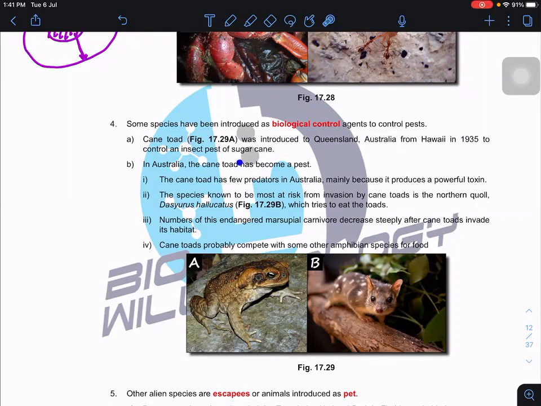Now the cane toads have become a pest themselves, because they produce very powerful toxins. The species known to be most at risk from the invasion of the cane toads is the northern crows, which try to eat the toads. In this case, they will be killed by the toxin.